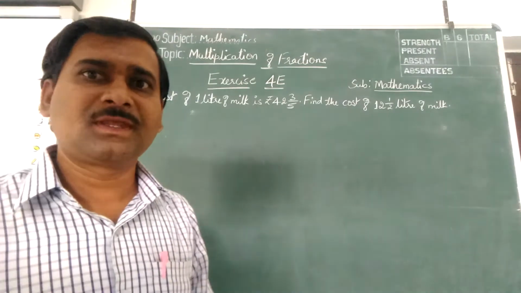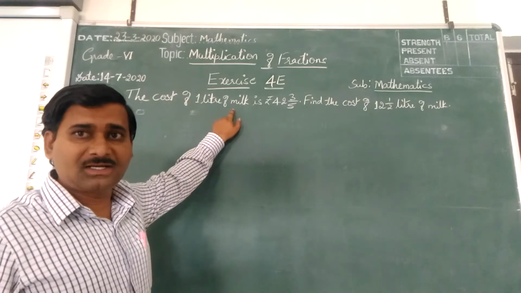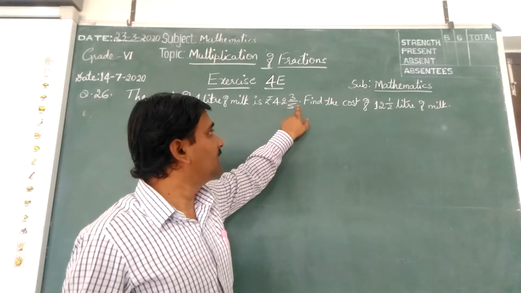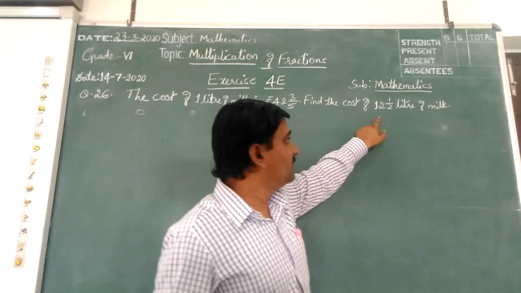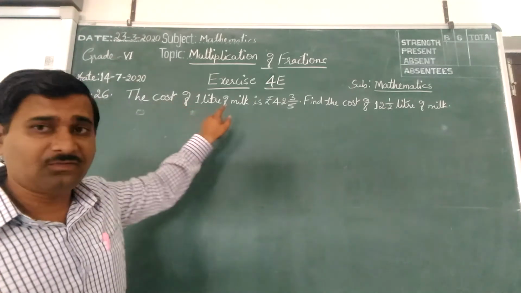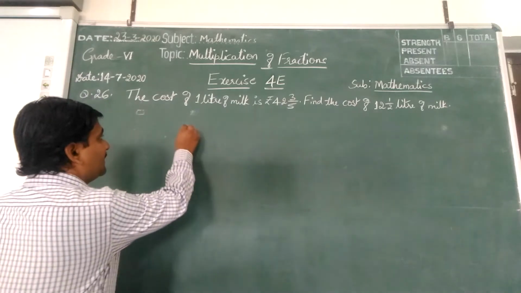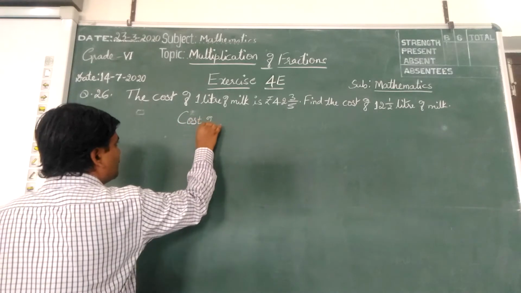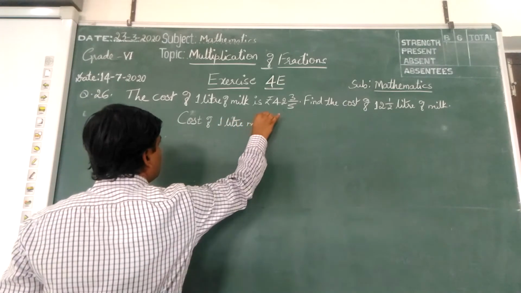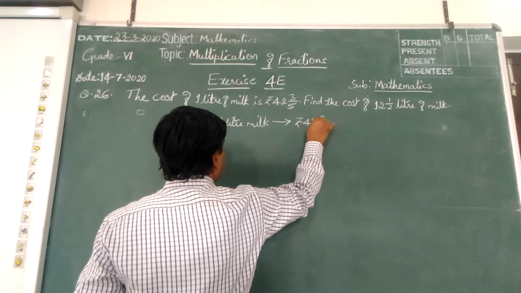That is important. So here the question is, the cost of 1 liter of milk is rupees 42 2/5. Find the cost of 12 1/2 liter of milk. See, cost of 1 liter is given. Let me write this. Cost of 1 liter milk is rupees 42 3/5.